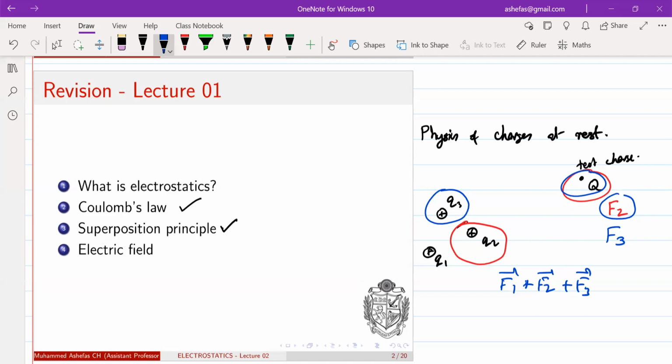The cause is the source charge, the effect is the force on the test charge. There is no contact between them, but even though there is no contact, there is a force of attraction or repulsion between them. This can be simply explained by the concept of electric field. This is what we discussed in the last lecture.